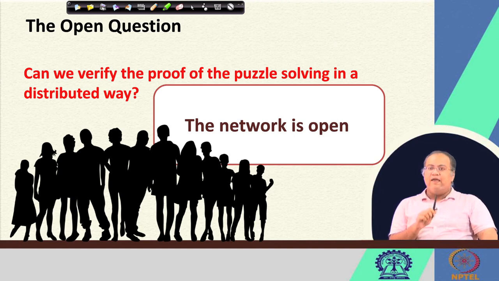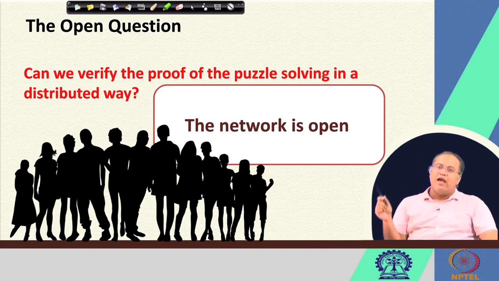But again, the challenge here is that my network is open. That means any two of the millions of people in the world can initiate transactions at any point of time. So, I cannot say that to use that cryptocurrency you need to first register somewhere and then join the network.